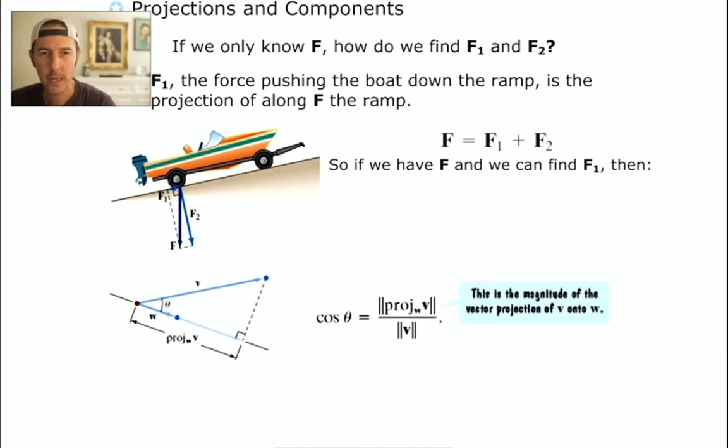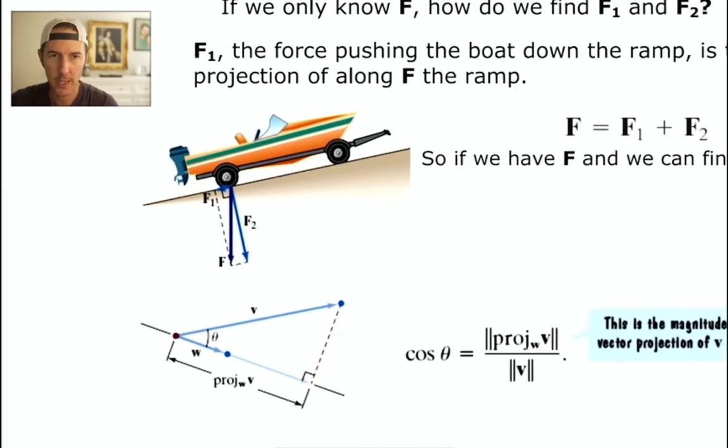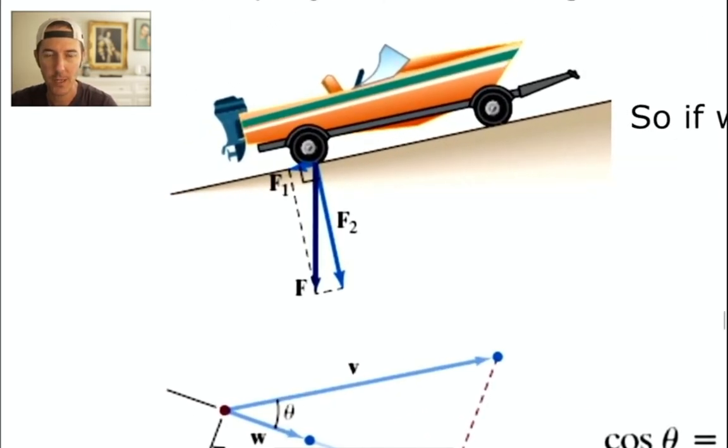The first diagram or illustration that we're seeing, of a boat being pulled up a ramp or held steady on a ramp, is a problem that you've seen before. We've seen it with a crate or a barrel on a ramp, and in this particular diagram, the force that's aiming straight down, which is labeled F, is the force due to gravity.